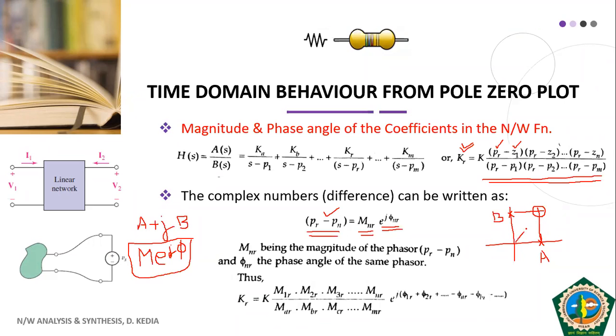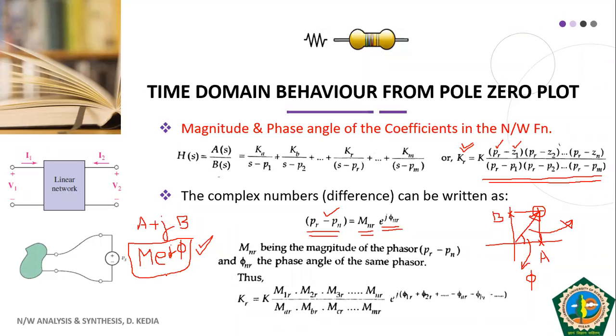And with the help of phasor, you can represent it like this. This is the phasor representation. So the length of this phasor is nothing but the magnitude m. And the angle of this phasor is nothing but your phi. So this is the graphical representation of the complex number, and this is the phasor representation that we can represent as m e raised to power j phi.